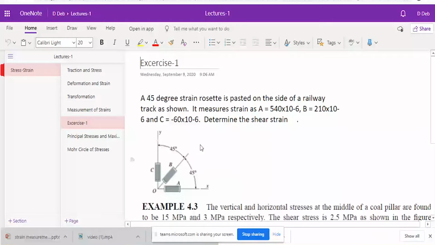You have a pen, paper and calculator with you, right? Yes, sir. Okay. The hint is that the OB direction is my x dash direction. Please do that.